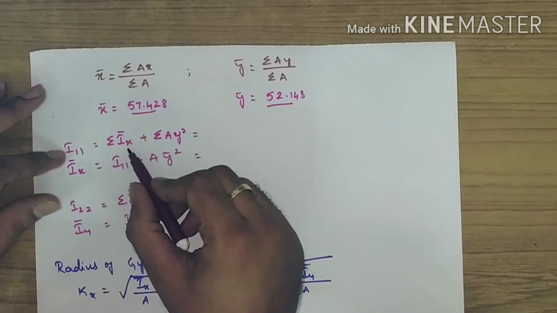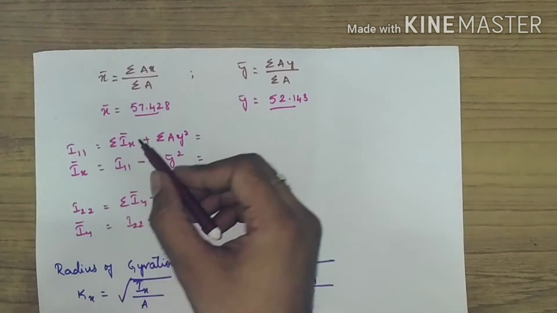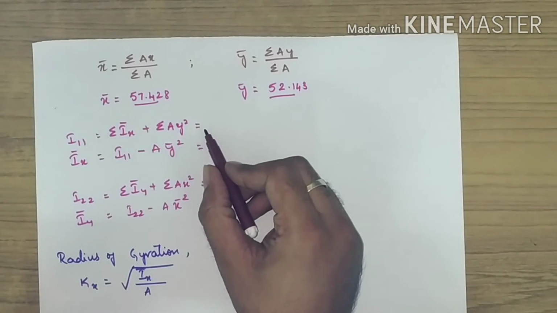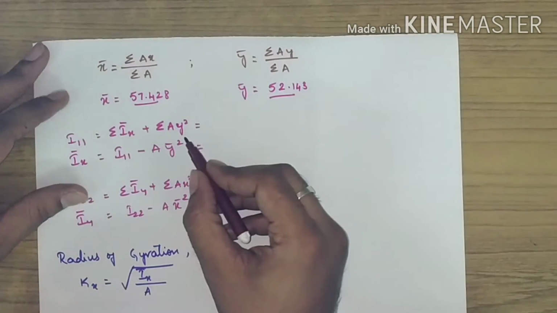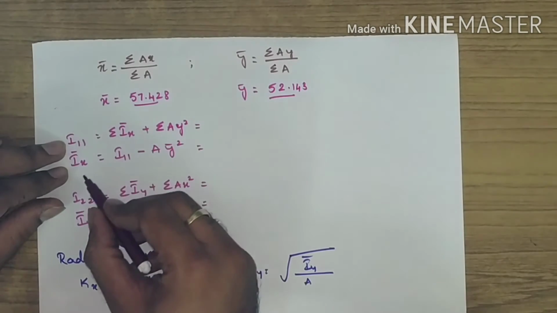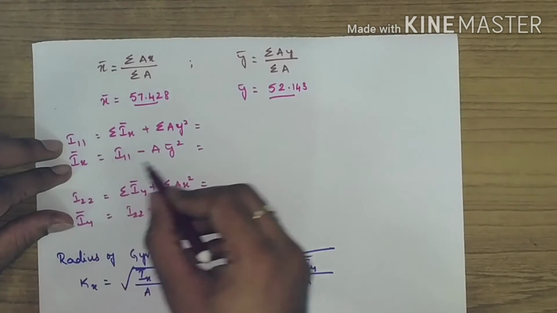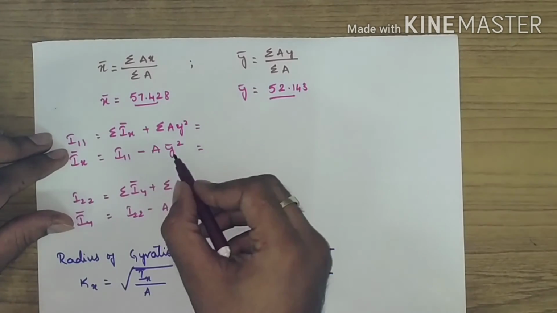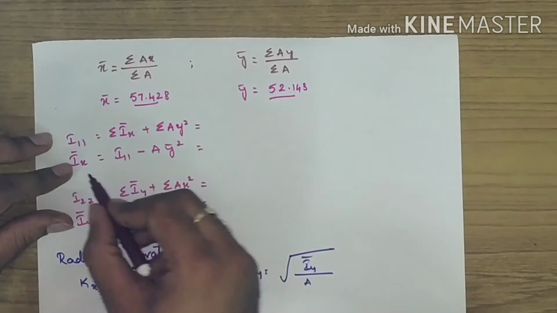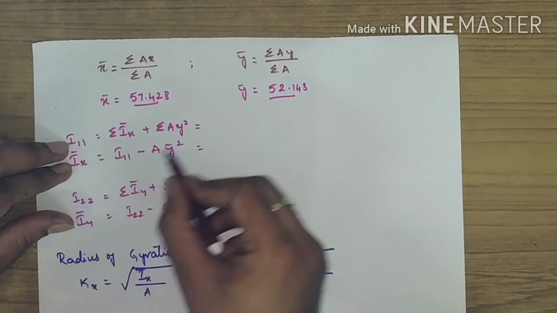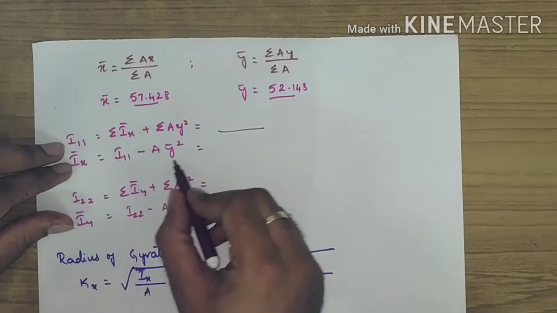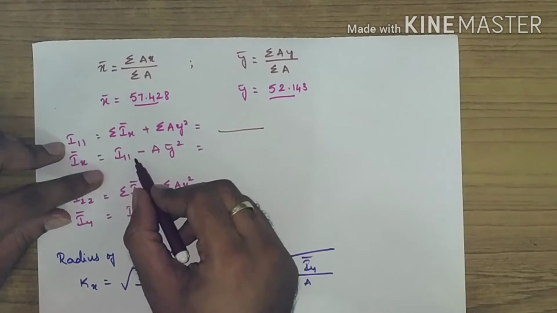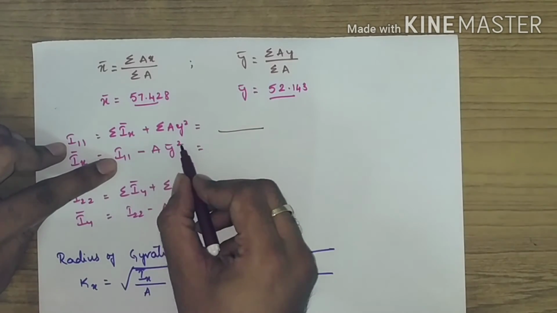I11 is equal to summation of ix bar plus summation of ay square, that we have just computed. And also by using this I11 calculate ix bar. For this you need y bar square. Always remember ix bar will have y bar, so that is important. So ix bar is calculated by I11 minus a into y bar square.